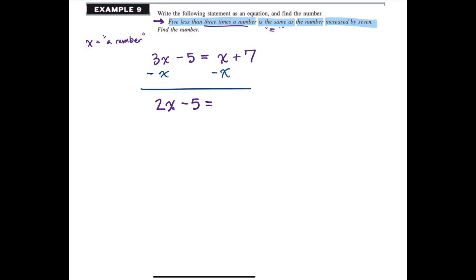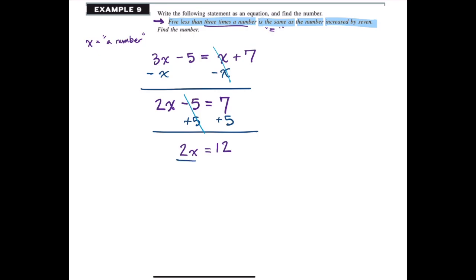The x's cancel on the right side, and we have our positive 7. So 2x minus 5 is equal to 7. Let's move the minus 5 over by adding to both sides, plus 5 plus 5. So we have 2x on the left side, and 7 plus 5 is 12.